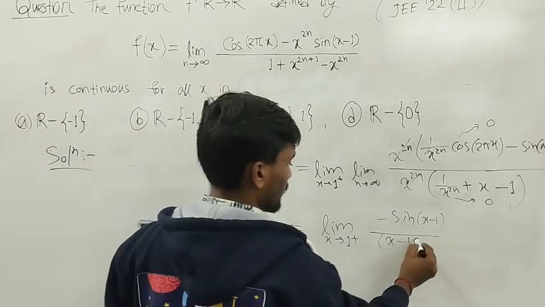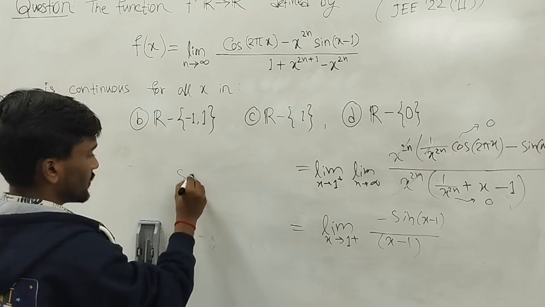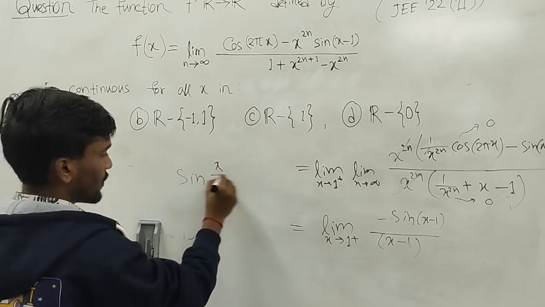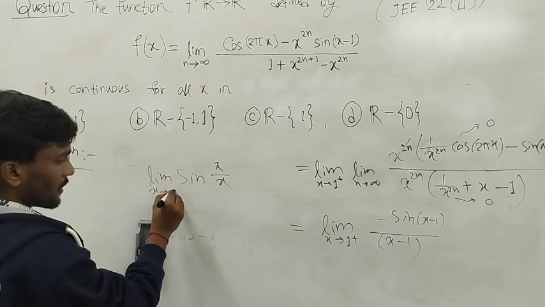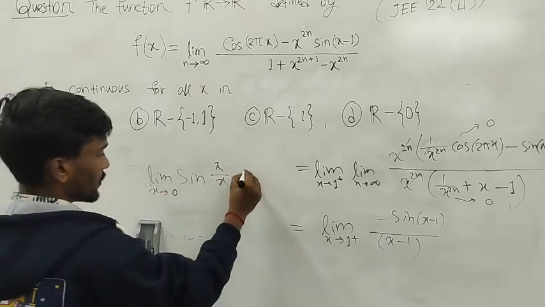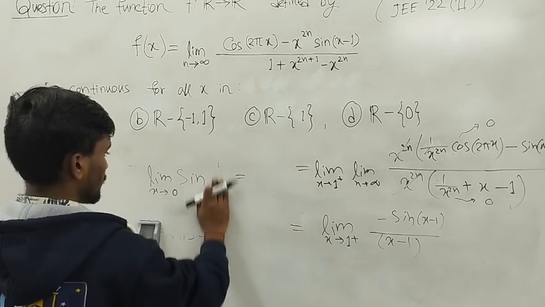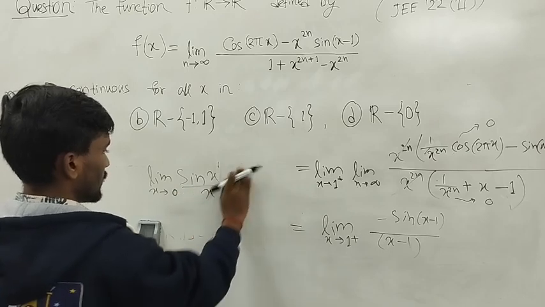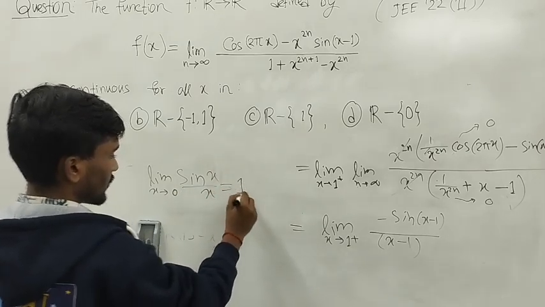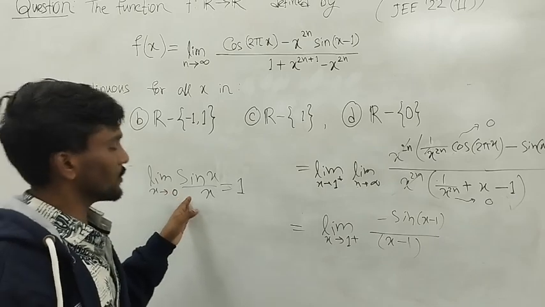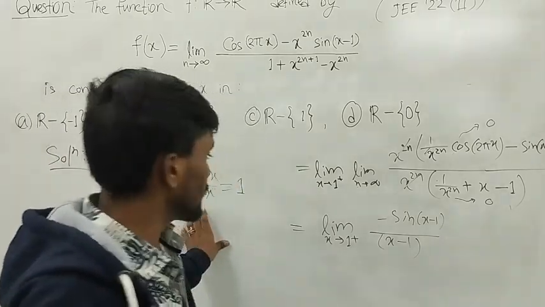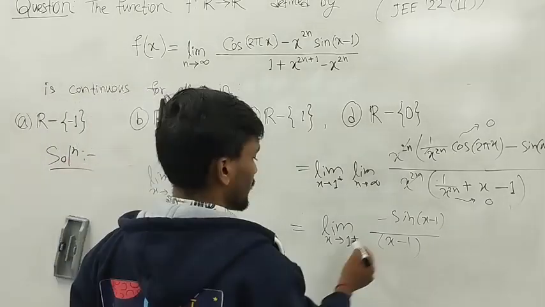Also a note that sine x by x, where the limit as x tends to 0, is always 1. This result comes from L'Hopital's rule, we can prove it later.